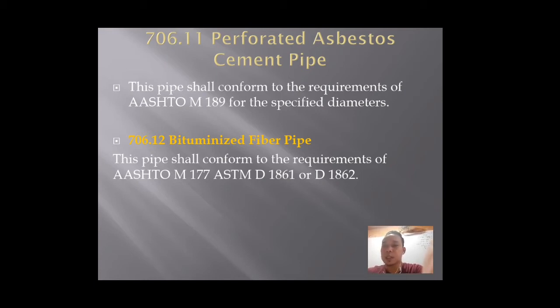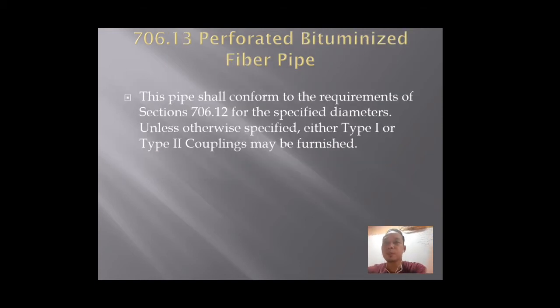Then next is sub-item 706.12, bituminous fiber pipe. It states that this pipe shall conform to the requirements of AASHTO M177 or ASTM D1861 or D1862. And also 706.13 talks about perforated bituminous fiber pipe. It states that this pipe shall conform to the requirements of section 706.12 for the specified diameters.